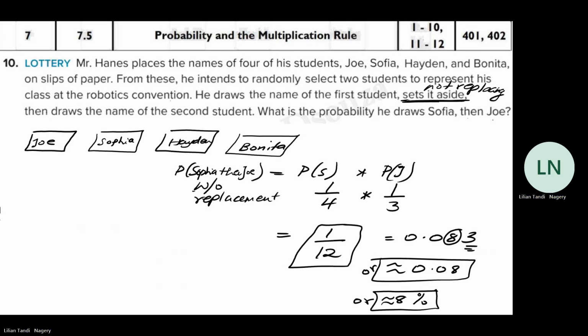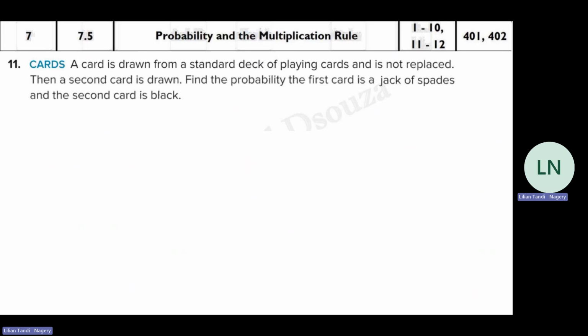Okay? All right. A card is drawn from a standard deck. I see the word standard deck, I think of the number 52. A card is drawn from a standard deck of playing cards and not replaced. And we have 2 of them. 52, 51.